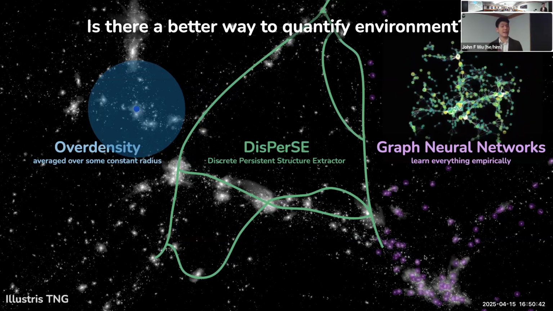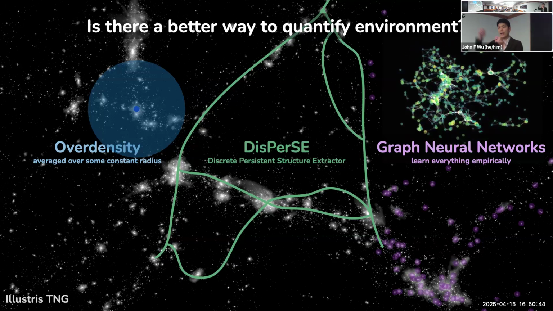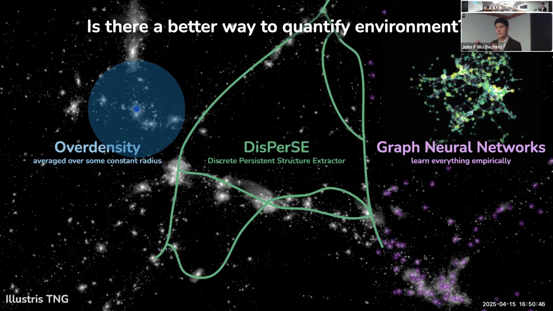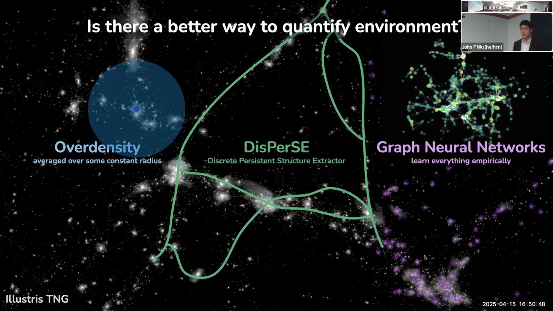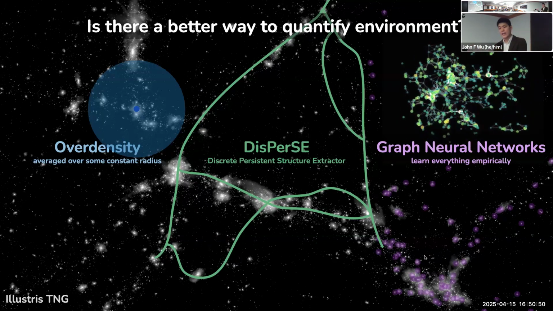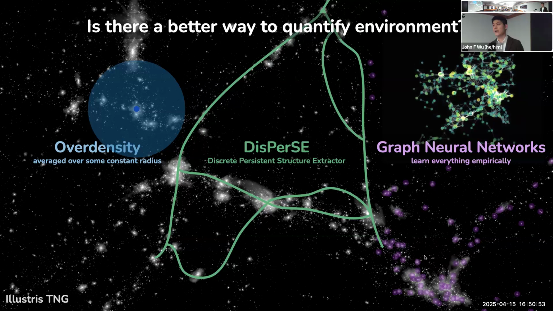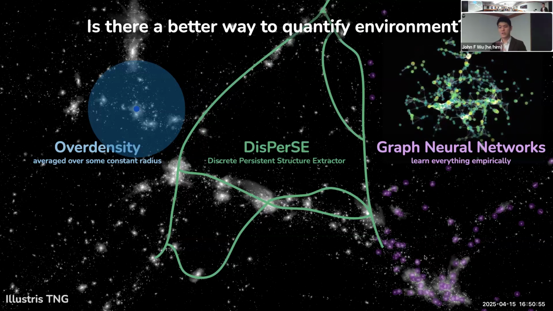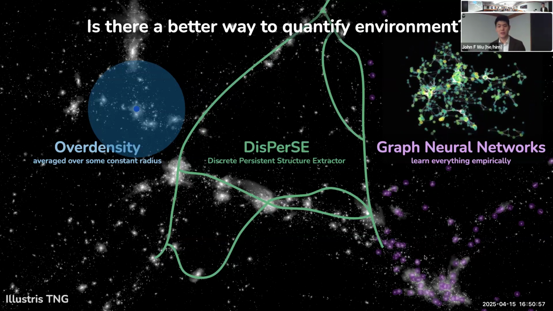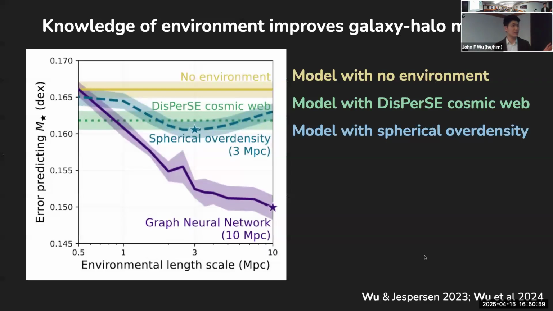You can have a GNN layer on the edge between a halo and each one of its neighbors. You iterate over its neighbors, and that's a function of the two halos' properties. And you can read out that information from the edges back onto the halo itself. I know there are a lot of technical details that I'm omitting here, but if you're interested, you can look at these two papers that I wrote.